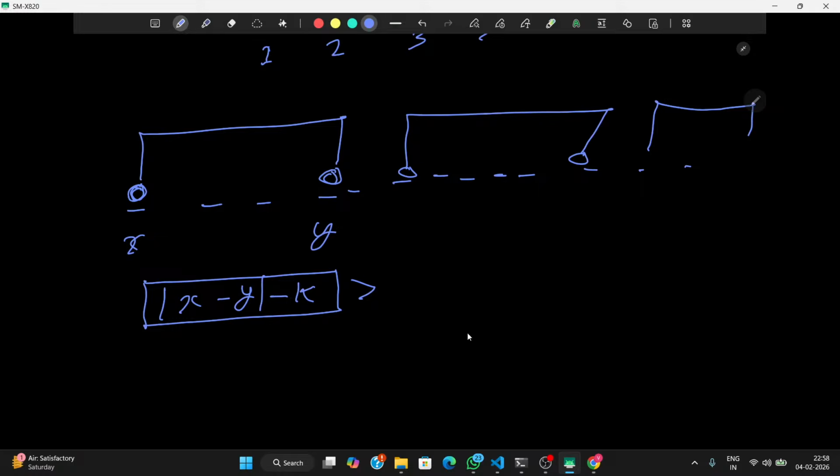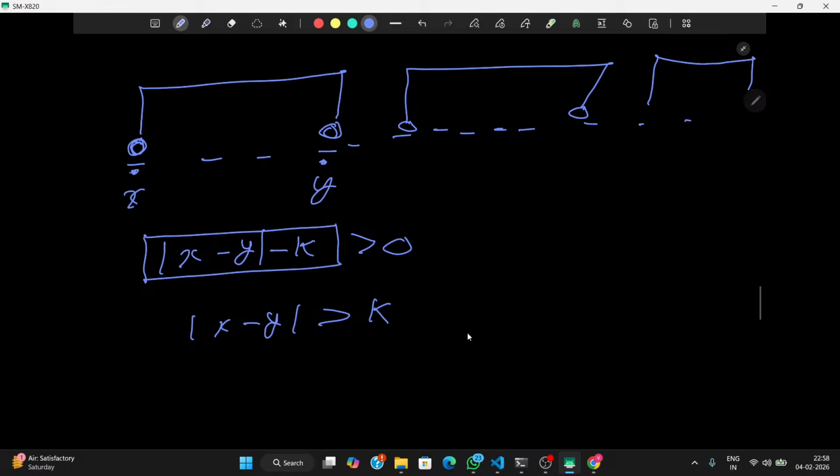That means the difference between the endpoints of a particular subarray should be greater than K. If we rewrite it, this will be mod of X minus Y should be greater than K. The difference between the endpoints of a subarray should be greater than K, and we need to maximize these disjoint subarrays in the given array.